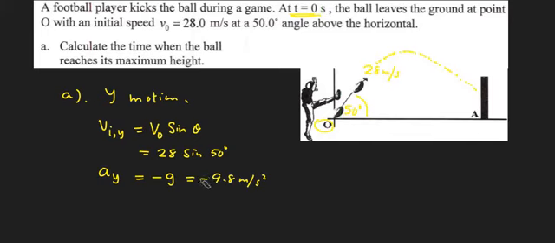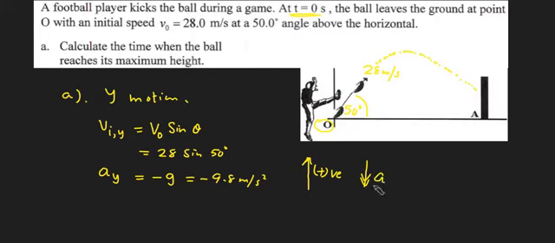Now why is there a minus sign? Acceleration and velocity are vector quantities, so the direction matters. If we consider up as the positive direction, then gravitational acceleration is always pointing in the downward direction.